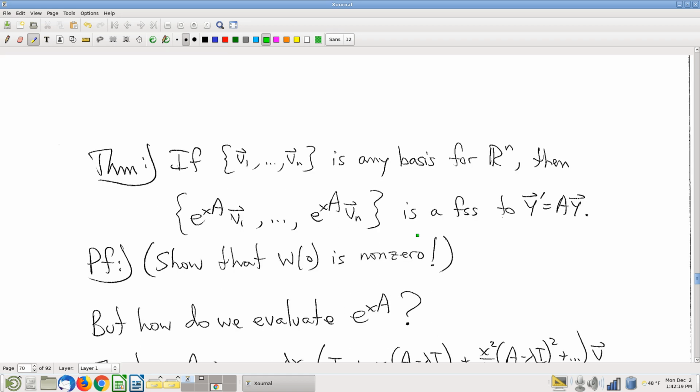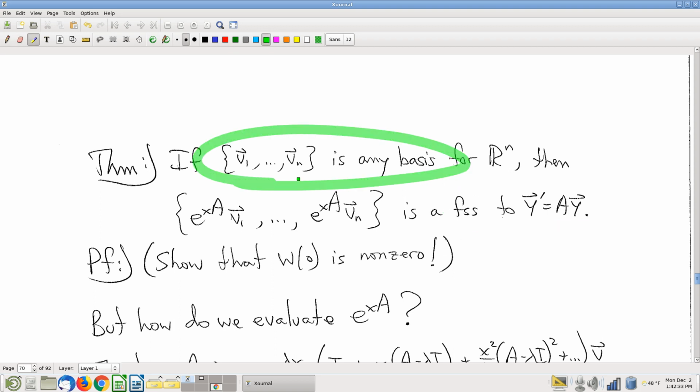Furthermore, not only can you find a solution to an initial value problem, but you can find a fundamental set of solutions to your differential equation by a simple method. Pick any basis you like. It doesn't even matter. Any basis. Just take those basis vectors, multiply by that same matrix exponential, and then bam, there you go.